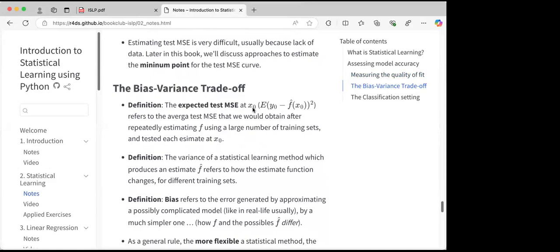It refers to the average test MSE that we would obtain after repeatedly estimating f using a large number of training sets and testing each estimate at a particular observation, in this case x0.